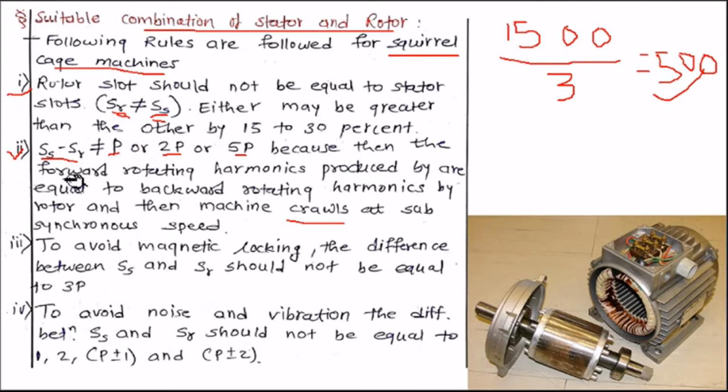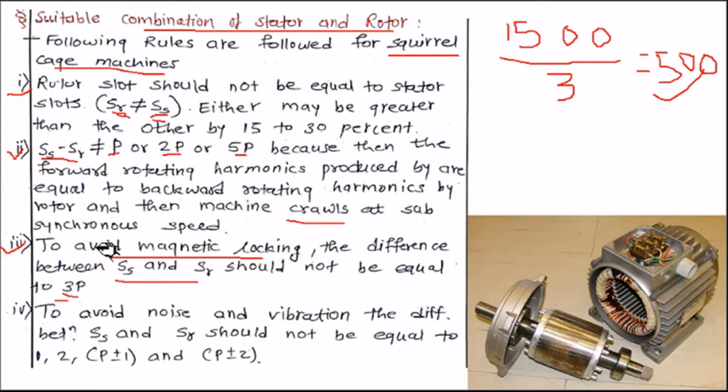So to avoid the phenomenon of crawling, you have to select the difference between SS and SR so that it is not equal to P or 2P or 5P. Now the third rule to be followed: to avoid magnetic locking, the difference between SS and SR should not be equal to 3P.